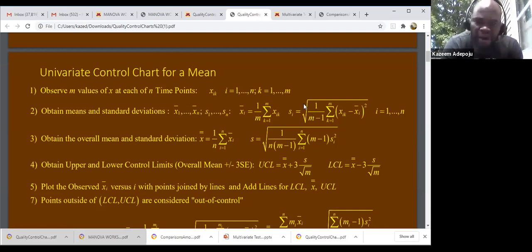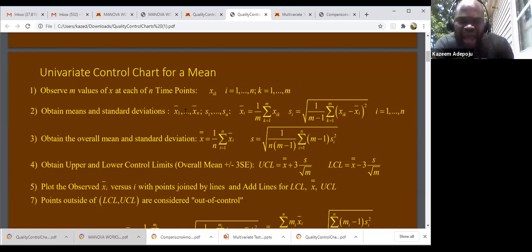Now in step 3, you need to find the mean of the means. Maybe this is the mean of the item that you produce in January, the mean in February, the mean in March, and so on.